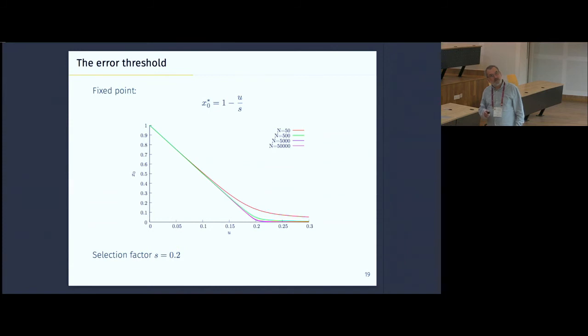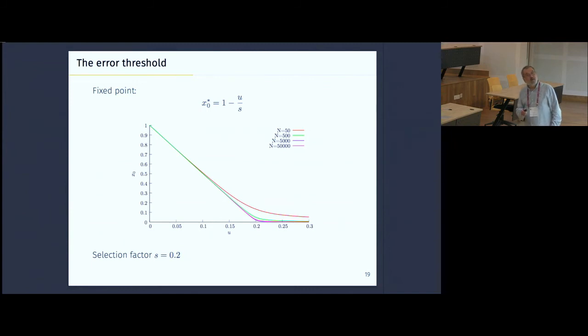But if you increase the length of the sequence, you find that it flattens out. So in fact, here you find that there is a tiny non-zero frequency for the wild type, but this tiny non-zero frequency is of the order of exponential to the minus n. So it is very, very small.